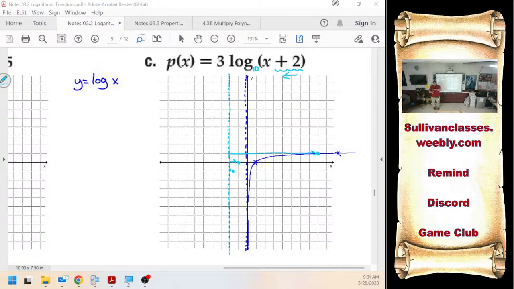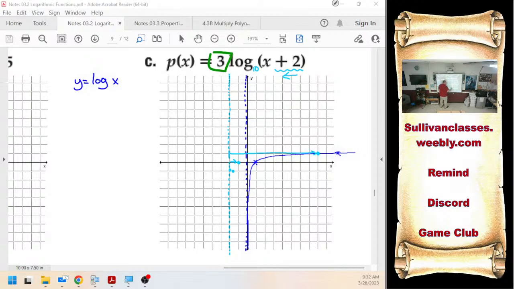Okay, starting with yellow is good old log of x. Do you see how the translation moves it left 2? All of your powers are going to be from that asymptote. So I'm going to move 1 away from asymptote, 10 away from asymptote, 100 away from asymptote. Cool? This isn't the final answer. What is this? Vertical stretch.